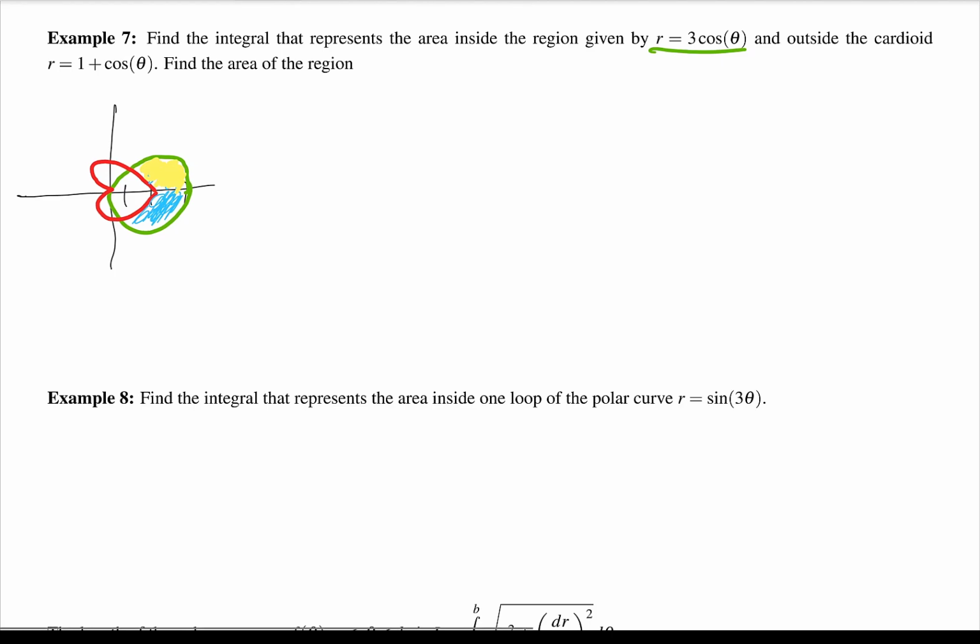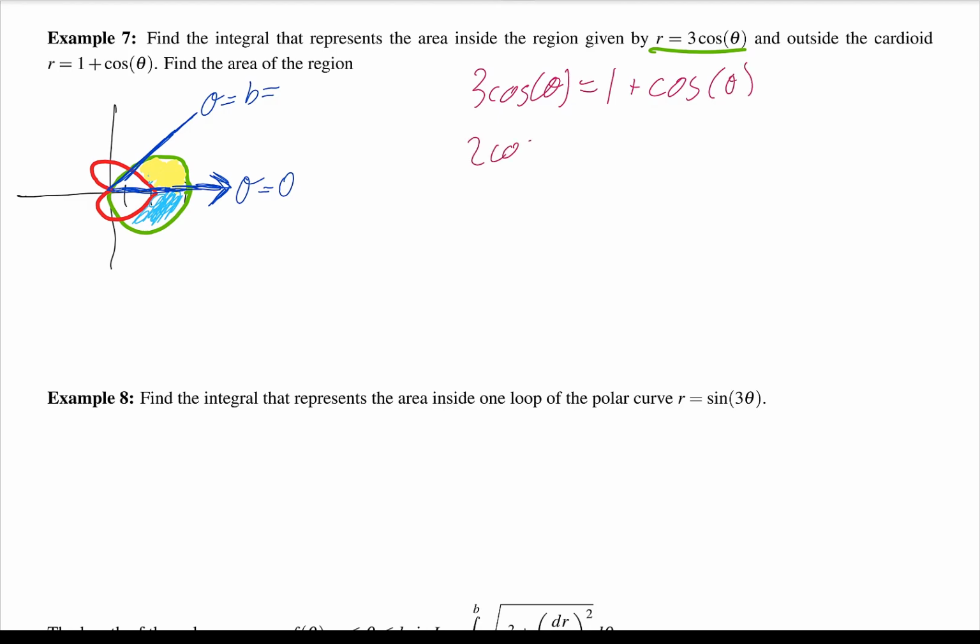Alright, so clearly this theta isn't too bad to find, right? This is happening at theta equals 0. But now I need to figure out, okay, well, what is this theta right here where they intersect? To do that, we'll set the two equations equal to each other. So we'll have 3 cosine theta is equal to 1 plus cosine theta. If I subtract a cosine theta on both sides, that'll give me 2 cosine theta is equal to 1.